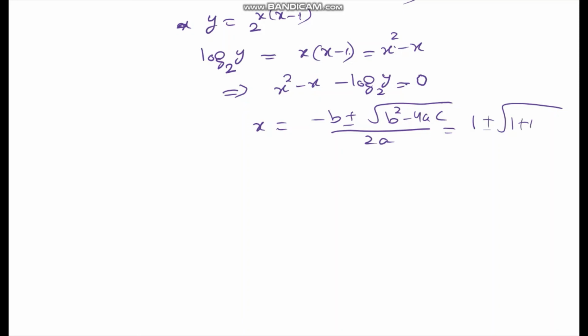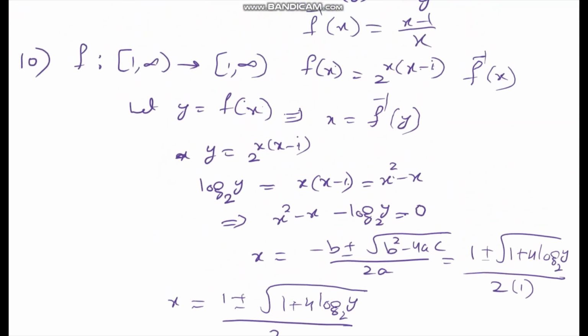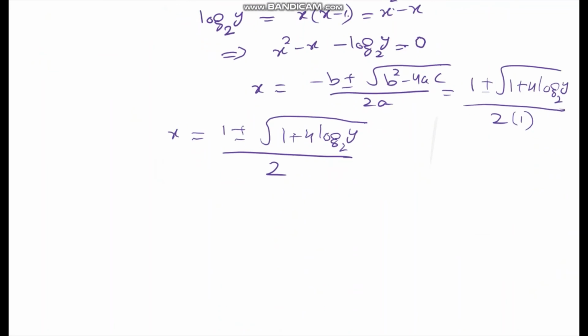So 1 plus 4 log y to the base 2 by 2 into 1. I got the value of x as 1 plus or minus root 1 plus 4 log y to the base 2 by 2.